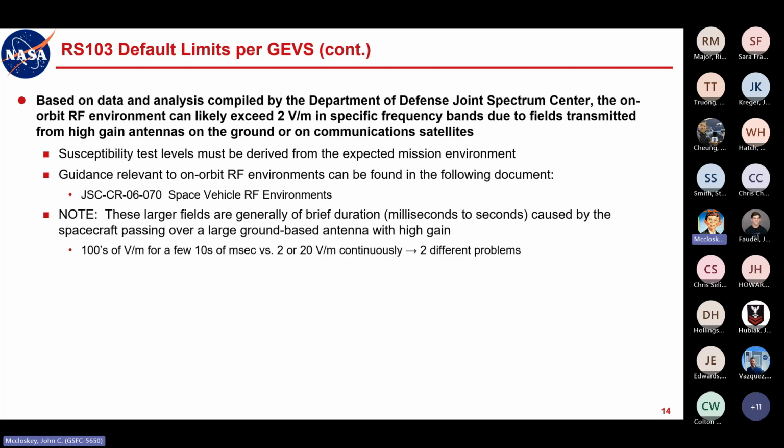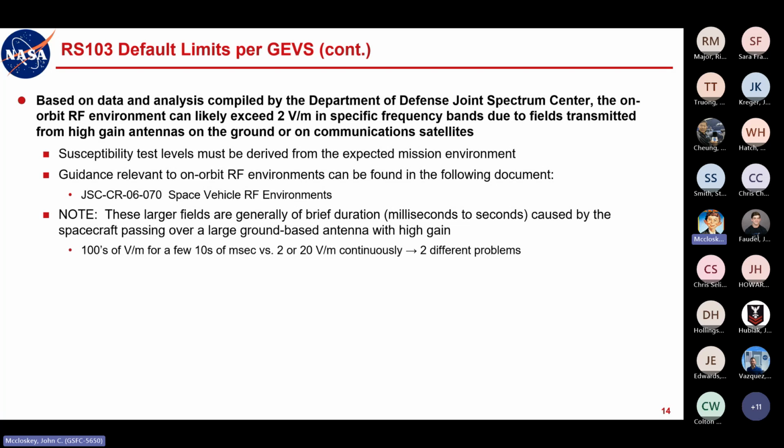That's Joint Spectrum Center. Something to note here is these larger fields are generally of brief duration, like milliseconds to maybe a couple of seconds, caused by the spacecraft passing over a large ground-based antenna with high gain. If it's high gain, it's a narrow beam, so you're not necessarily bathing in it, you're passing through it in a pretty short period of time.